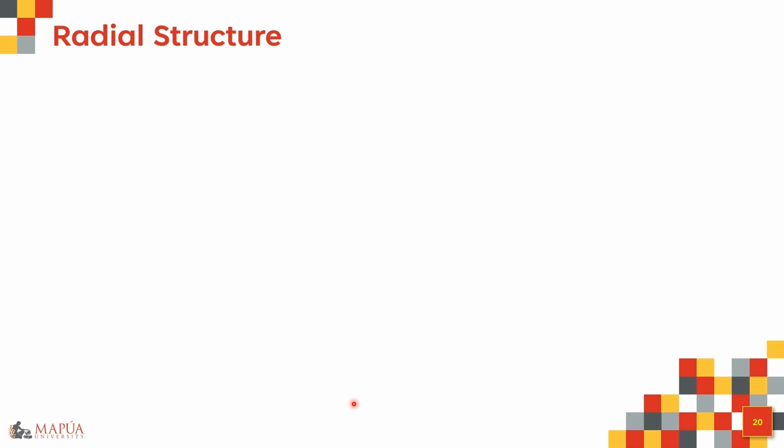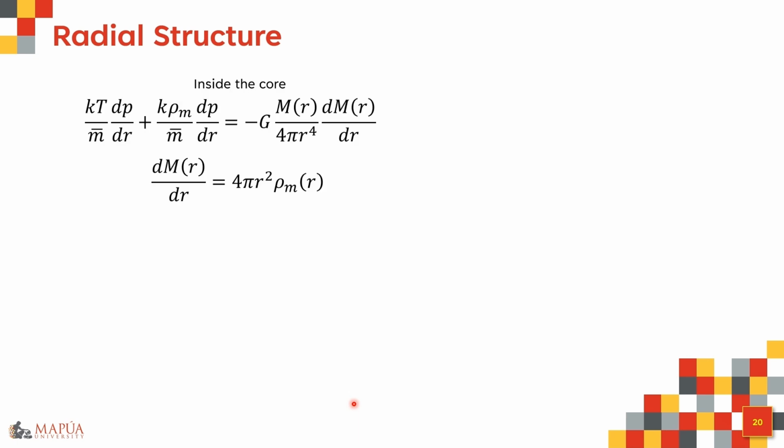Just a summary again. Inside the core of the Sun, these are your equations. This is how your mass varies with distance. This is your mass gradient. This equation tells you how pressure gradient differs with distance.